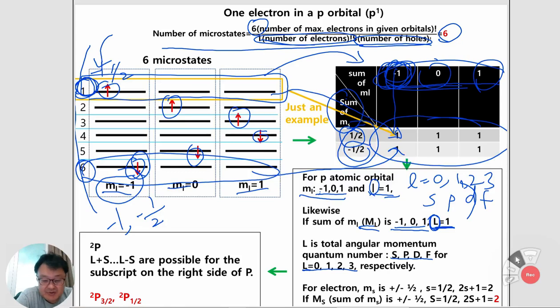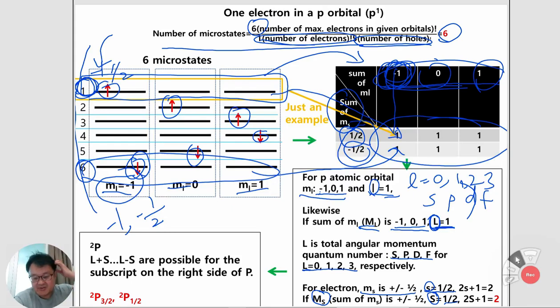Now for an electron, the spin quantum number is either plus half or minus half. In this case, small s, the spin quantum number, is half. If the sum of ms, given as capital MS, would be plus half or minus half, then capital S, the total spin quantum number, would be a half.